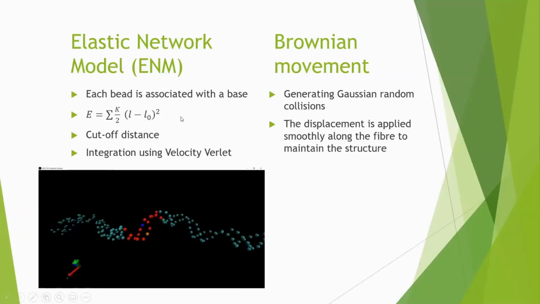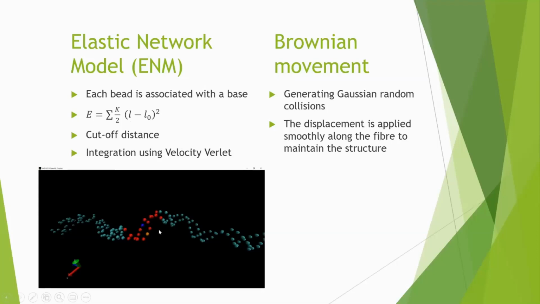In this energy, the K represents the strength of elastic potential. L represents the distance between two given beads, and L0 represents the equilibrium distance for a given base pair. Then we consider a cutoff distance such that this elastic network model is only considered for the closest neighbors.